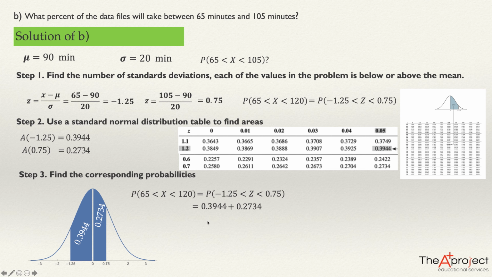I add together these two numbers, and the answer is 0.6678. And that answers the second question. The probability that the time will be between these two numbers is 0.6678, or 66.78%.